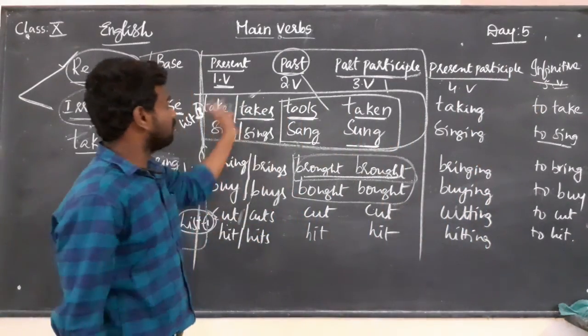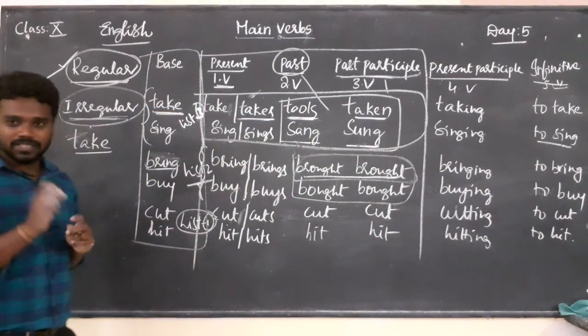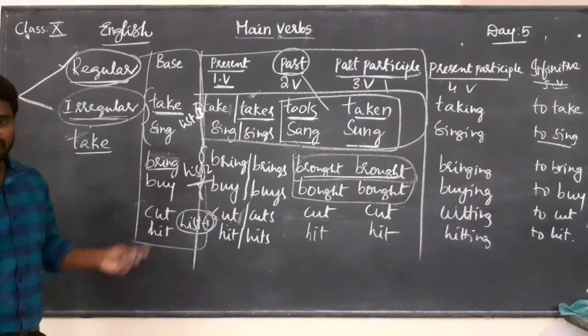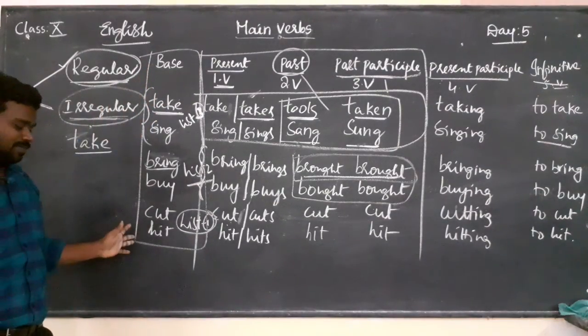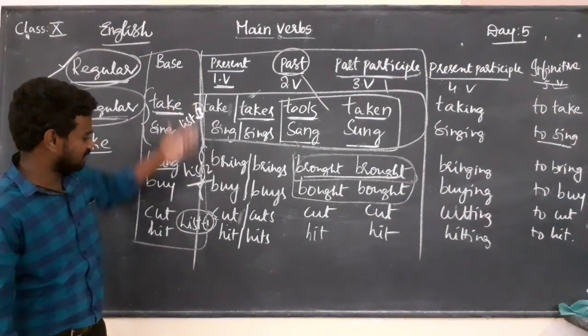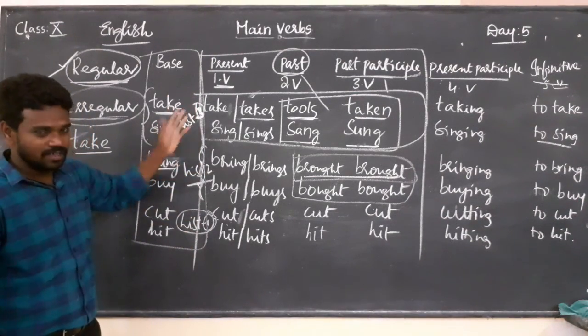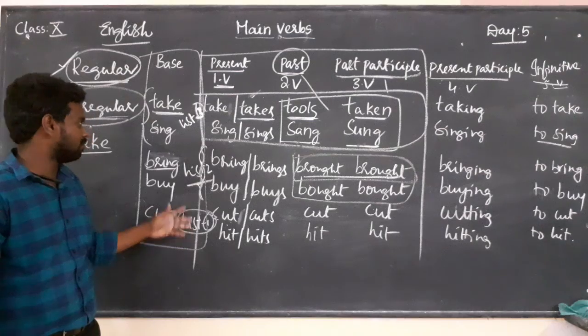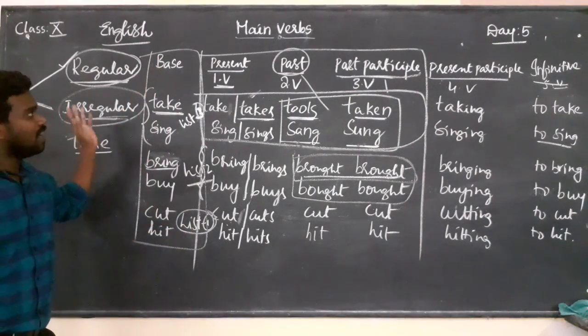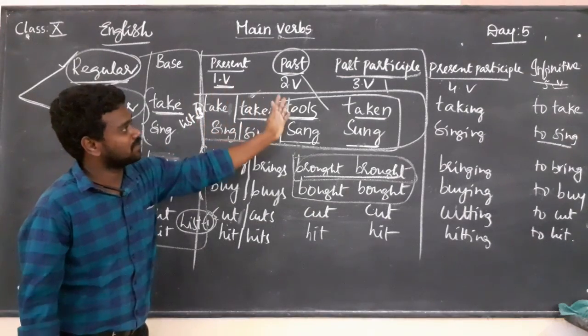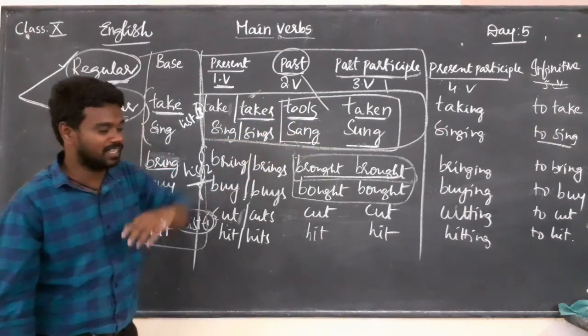The other 5 forms you have to write. That's your homework. Is it clear? Let me tell you again. I post irregular base forms in 3 different lists. List 1, list 2, list 3. First I give you list 1. I will post only the base form of irregular verbs, and you have to write present form, past, past participle, present participle, infinitive.